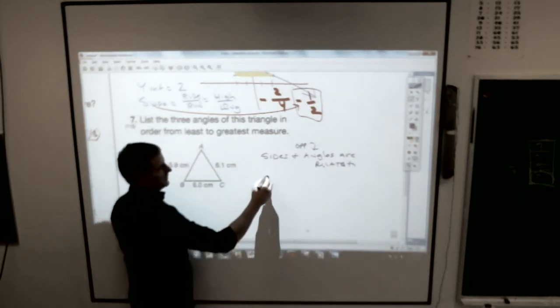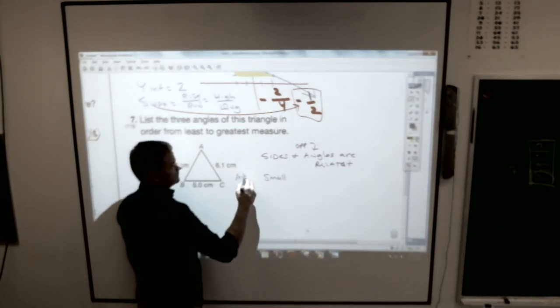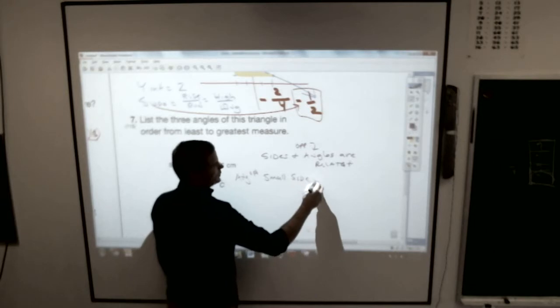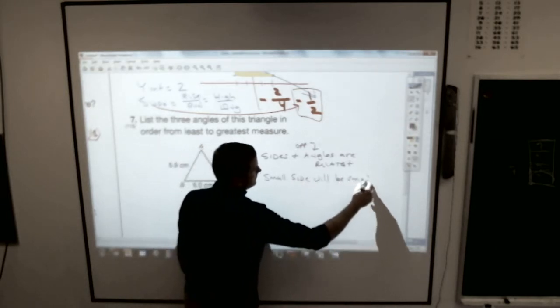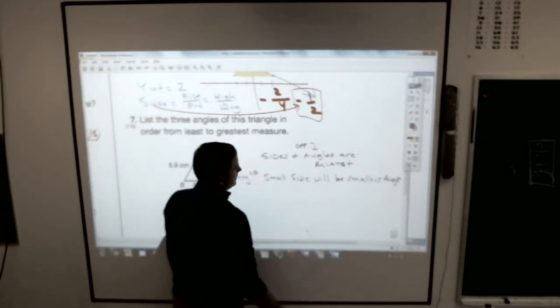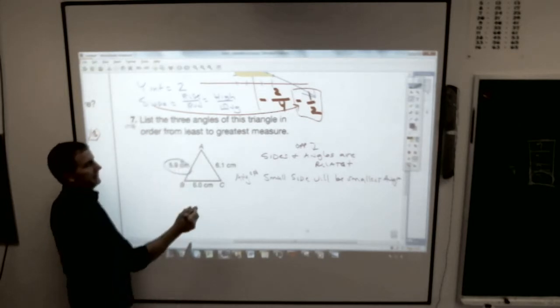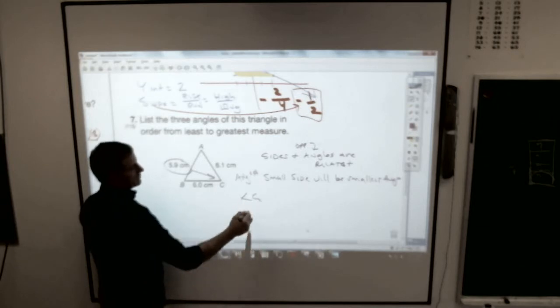In other words, the angle opposite the smallest side will be the smallest angle, and vice versa. So if you look and find the smallest side, which is this one, the angle that is opposite of it has to be the smallest angle in the triangle.